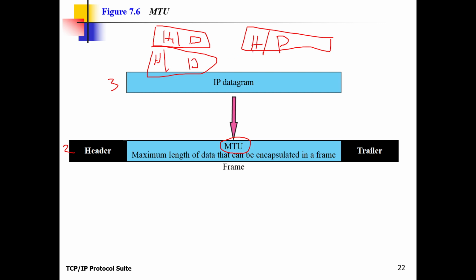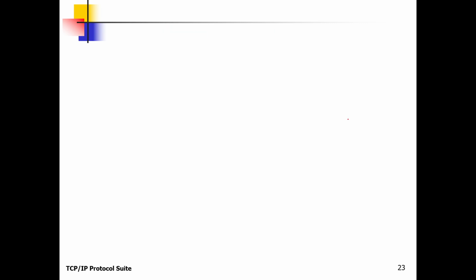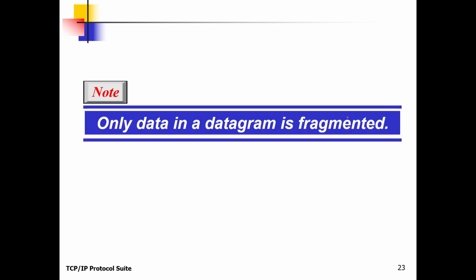The header stays in every fragment. What will change? The data will be divided. So only the data in the datagram is fragmented. Do you understand what the problem is now? I just want to make sure that you understood the problem.